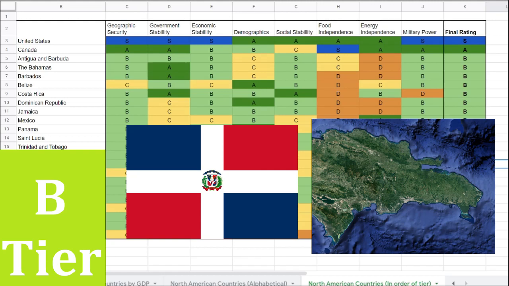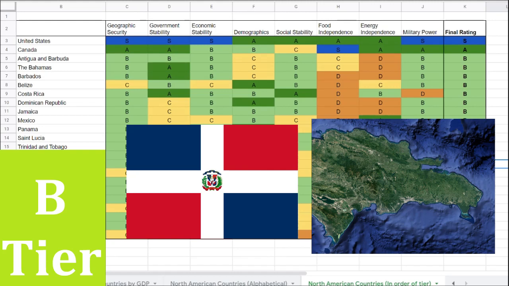But when he left power, there were reforms made, and elections have been fair since 1992. So it remains to be seen if the Dominican Republic can become a stable country in terms of its government. But things are on an upward trend there. So it's only C tier for now, but I could see it upgrading to B and ultimately A in the future. Economic stability is B, however.